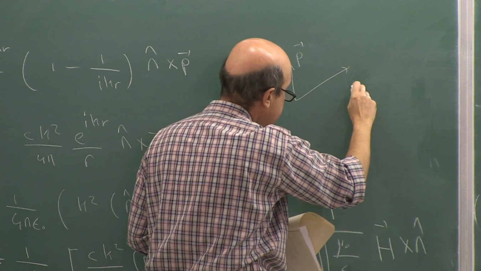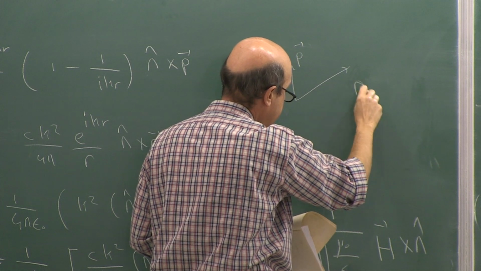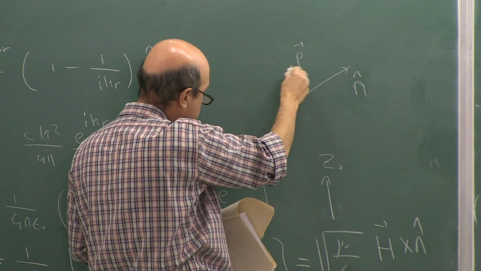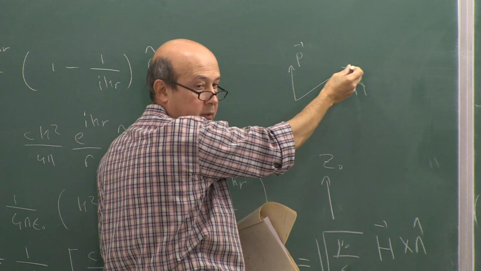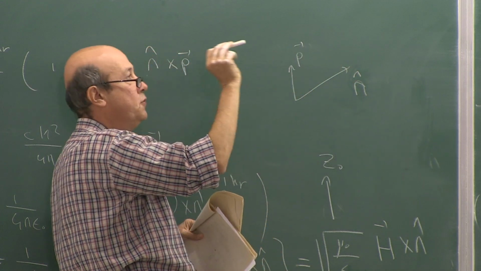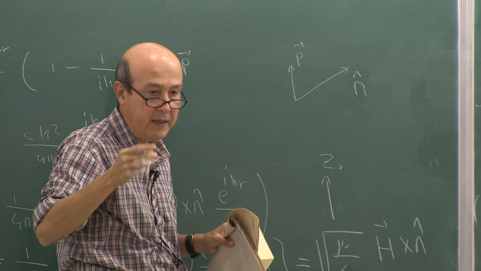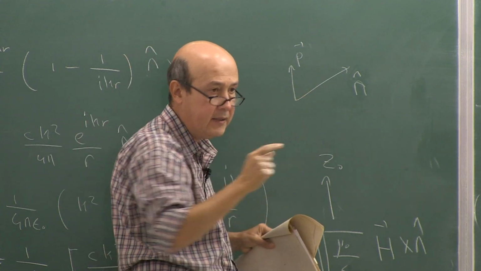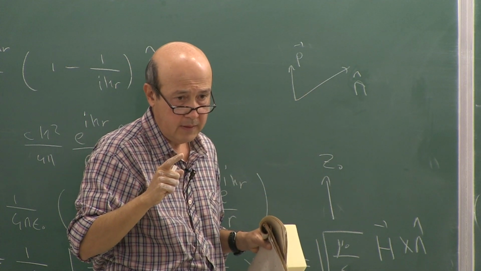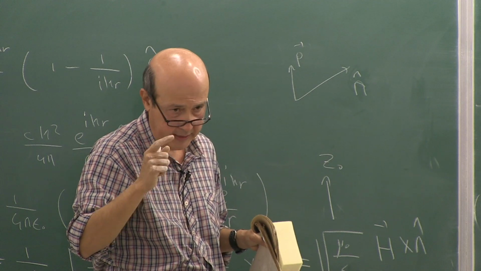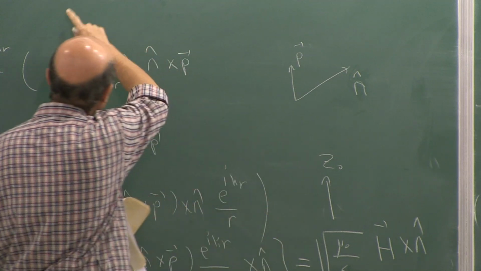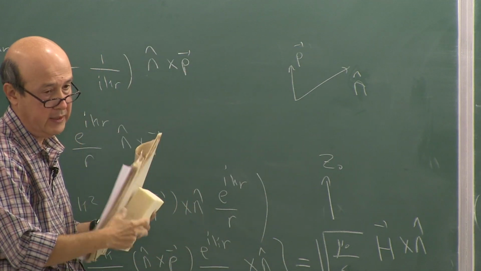So if you say this is the n hat, n cross P, this term is what? Outside the blackboard. So basically, if you look at any point, you will find that the n hat and H are orthogonal to each other. But for the electric field, there is no such condition.